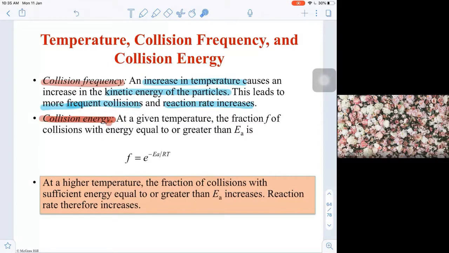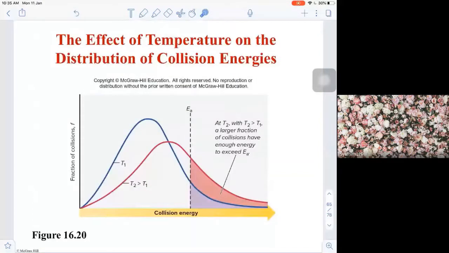This can be shown in this figure, the fraction of the collision versus collision energy, or we call this graph the Maxwell-Boltzmann distribution graph. From this Maxwell-Boltzmann distribution graph, this is a favorite question in the exam, to show the effect of the temperature on the rate of a reaction.